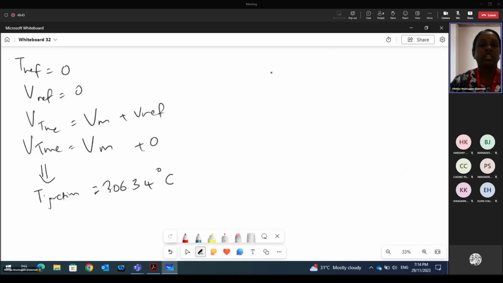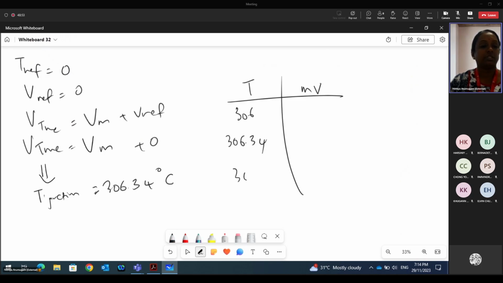We still need to perform the interpolation. At 306, the milliwatt is 12.457, and at 307 it is 12.499.